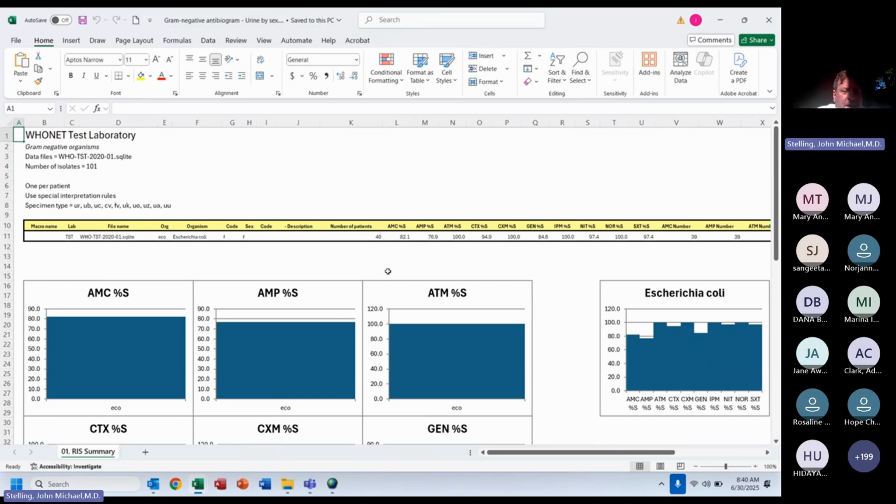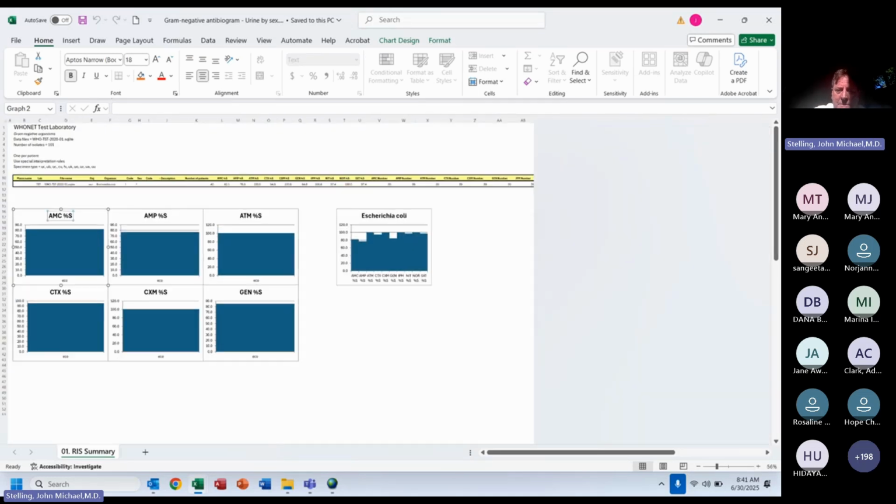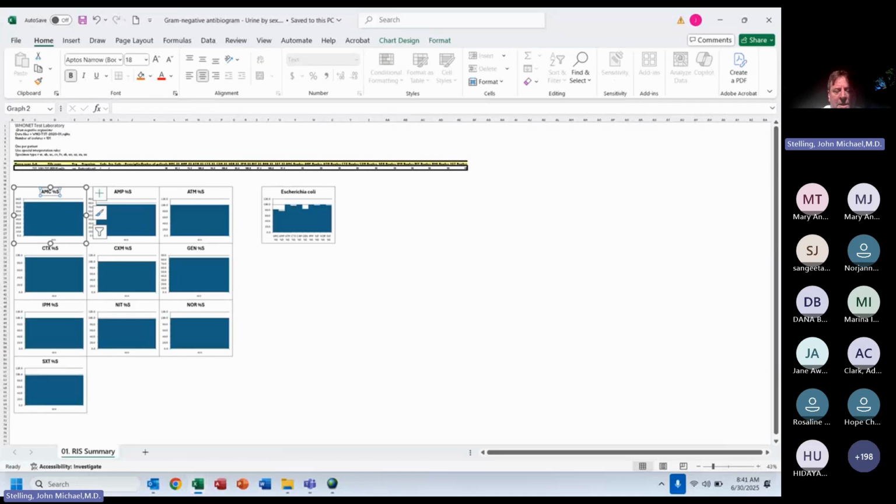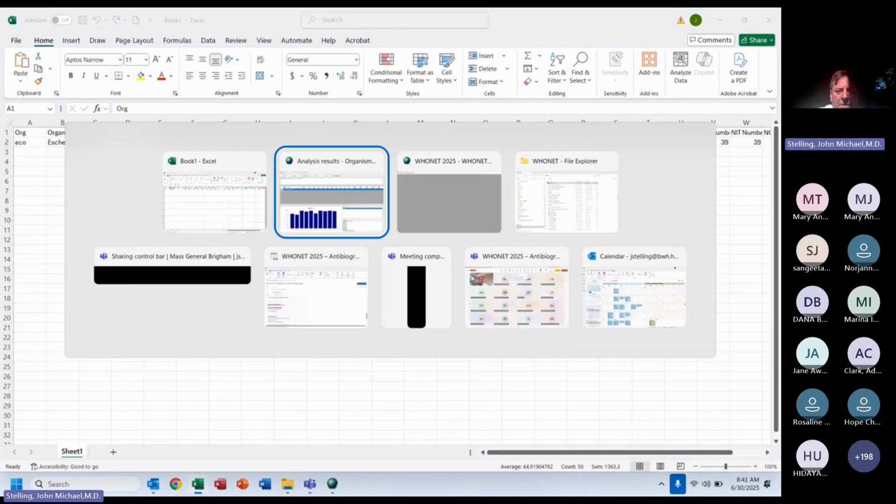Okay. Now that I have it in Excel, I'm happy to see both the table and the graphs. However, it's not typical to present graphs. It's nice for you to see the graphs, but usually the doctors don't want to see the graphs. Let me just minimize this. They don't want to see all the graphs for every organism, for every antibiotic. So if you want the graphs, great.